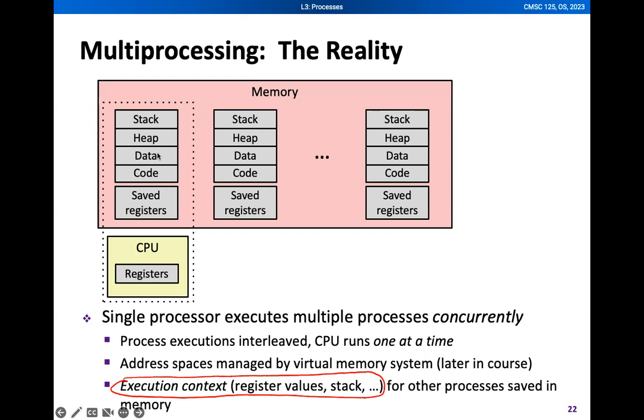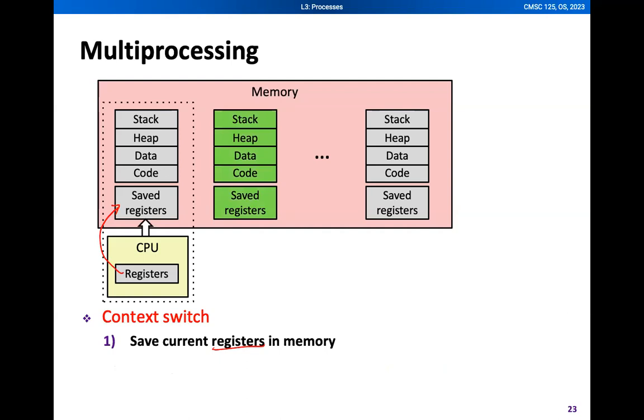Each process will have an execution context, which stores the saved register values, the stack, heap, data, program code, etc. So you can see here, let's say this first process uses the CPU, and this process also has its associated data, which we call the process control block as well.